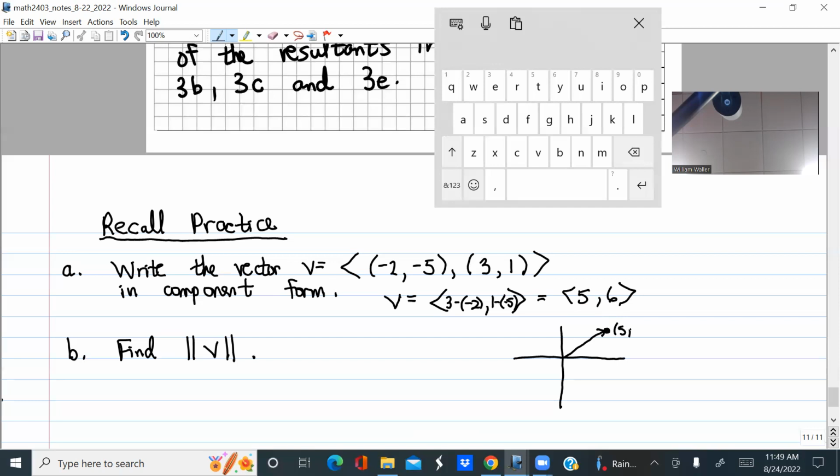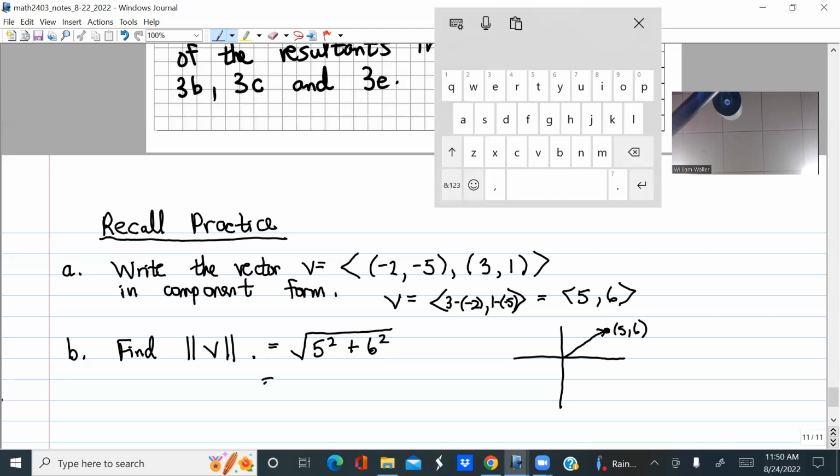So this terminal point in component form is 5, 6, right? And now the magnitude, which you can think of geometrically as the length of this line segment. Well, of course, you just derive that from the distance formula. So you have the square root of 5 squared plus 6 squared, right?